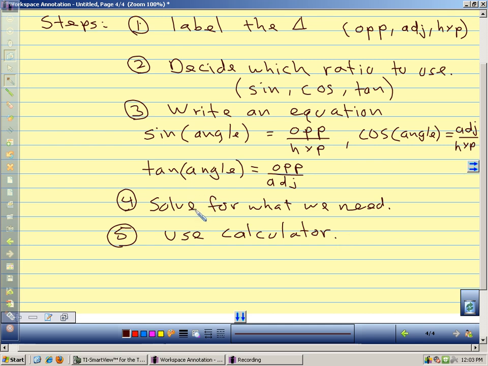So it's the same process that we used on Friday with the tangent ratio. Questions on our steps? All right, let's take a look at some examples.